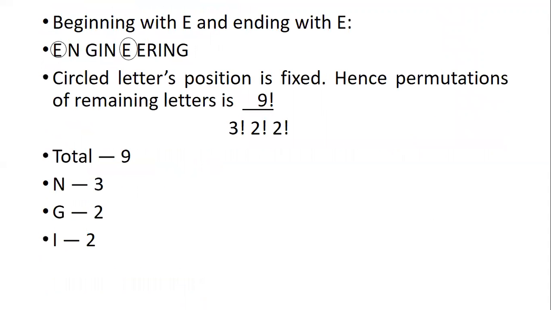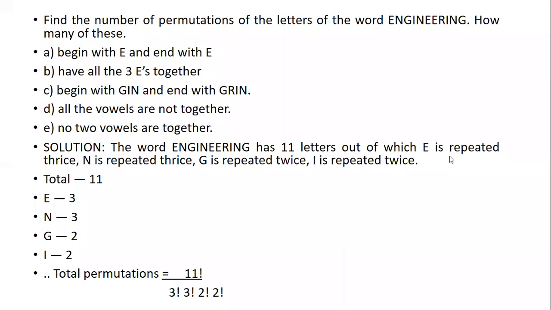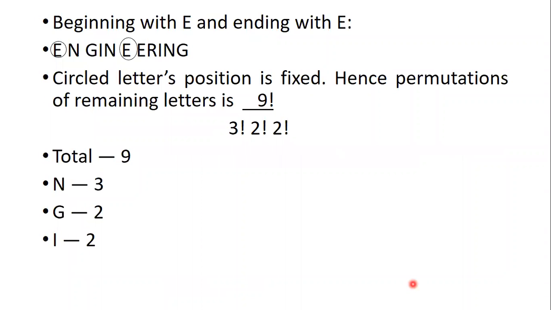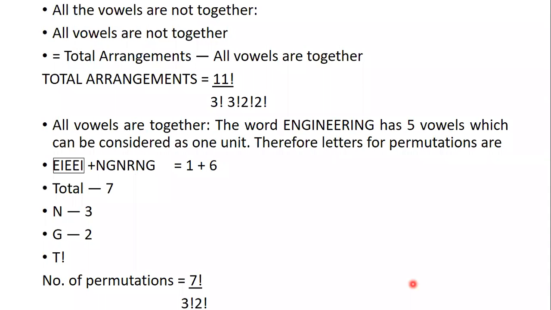If you see here, in the first part of the solution, we solved this part. This is the total arrangement or the total permutation. Now, out of this total permutation, if I subtract the arrangements where vowels are together, then I will get vowels are not together. Are you able to understand how to find vowels are not together?